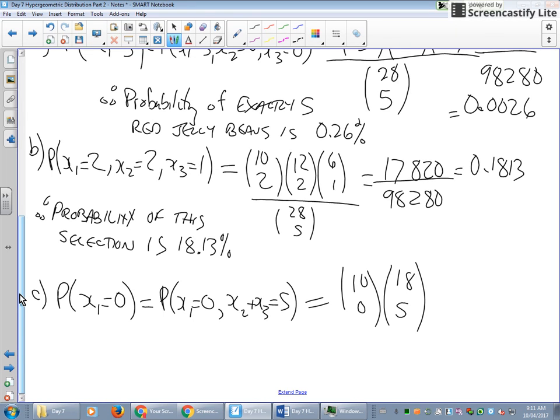So the key thing here is that we don't know how many yellows or greens. We just need to know that we're getting a combination of those 5. So it's going to be the total number of yellow and green, 12 plus 6. In other words, we're choosing from 18 different beans, and we have to choose 5 of them, divided by our 28 choose 5.